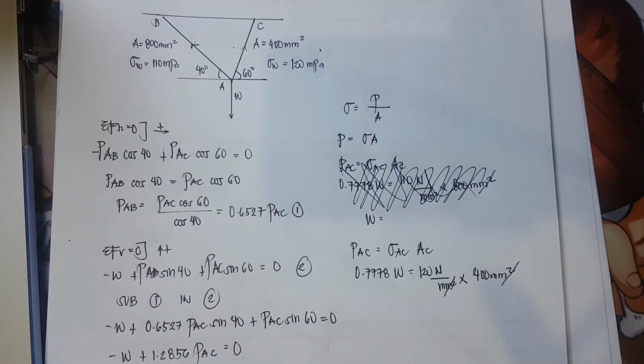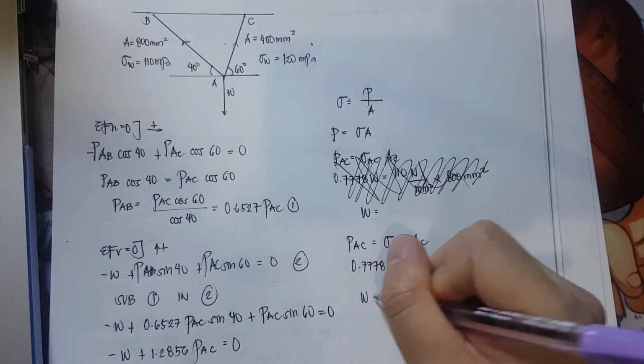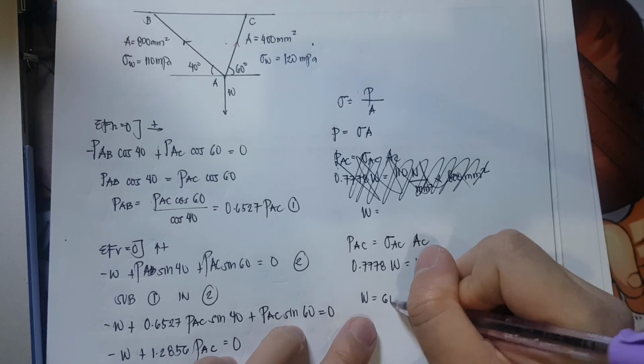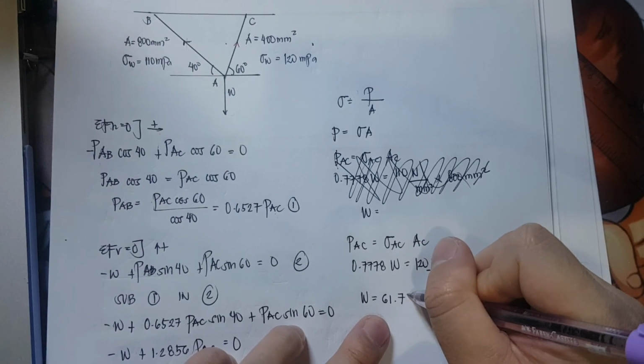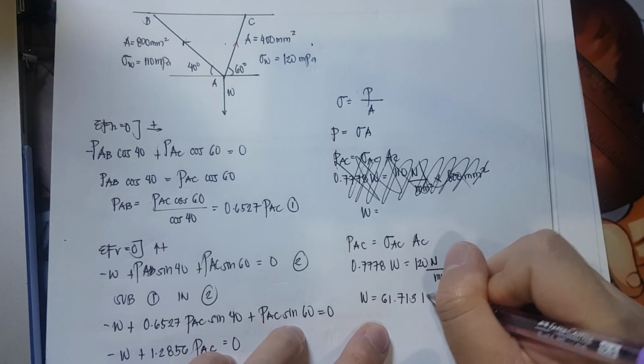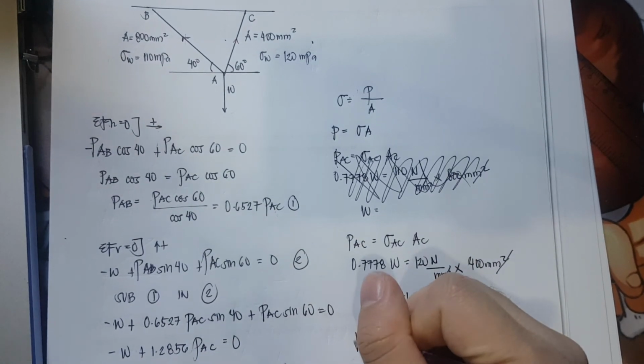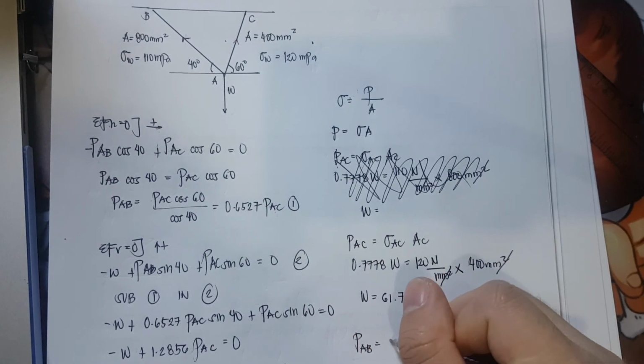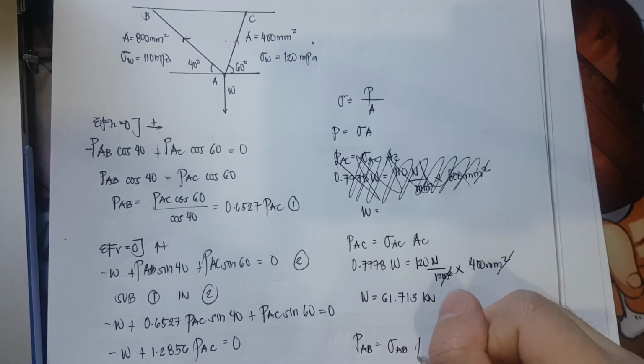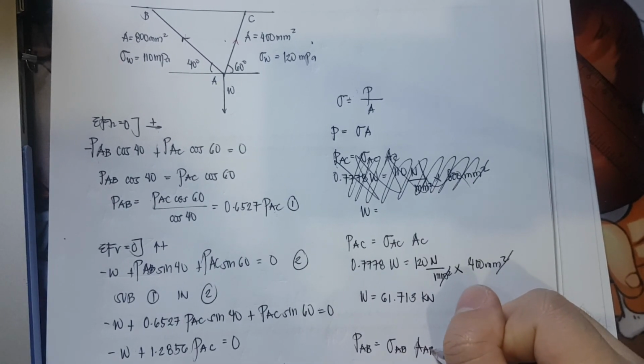Cancel, cancel. W is equivalent to 61.713 kilonewtons.